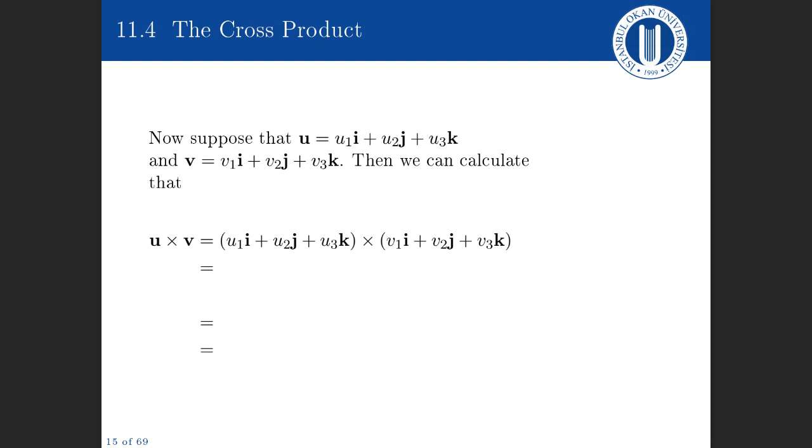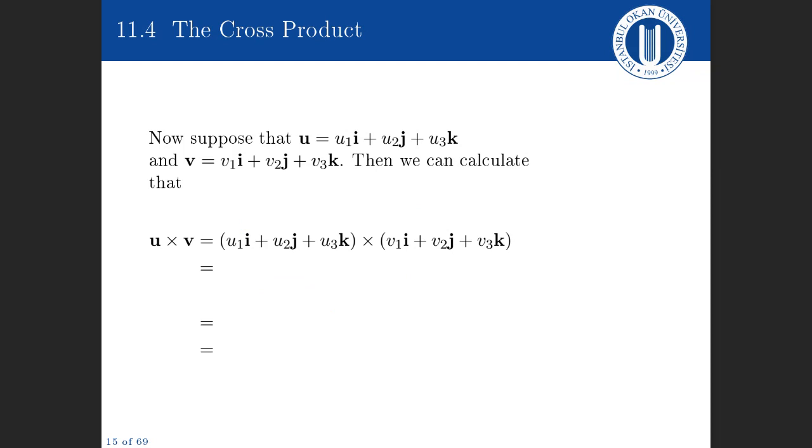And we can multiply these out in the same way that we would if they were just numbers. We can multiply the first two together. We would get u1 v1 i cross i. And then we would do first one and second one, u1 v2 i cross j. First one and third one, u1 v3 i cross k, etc.